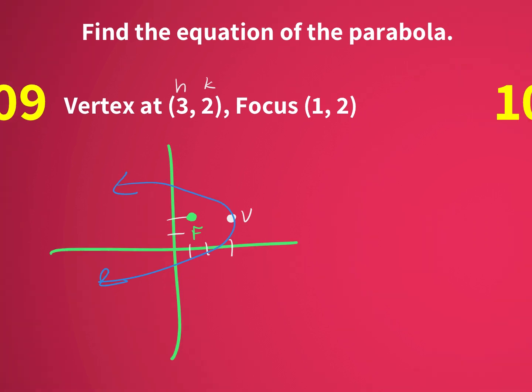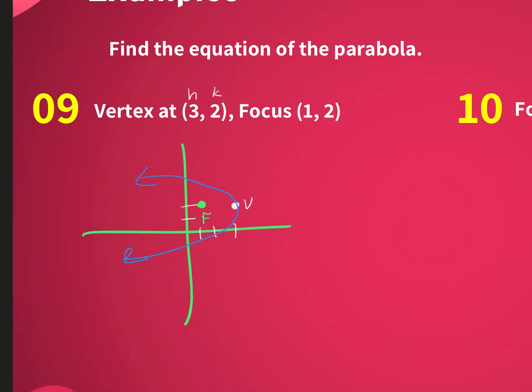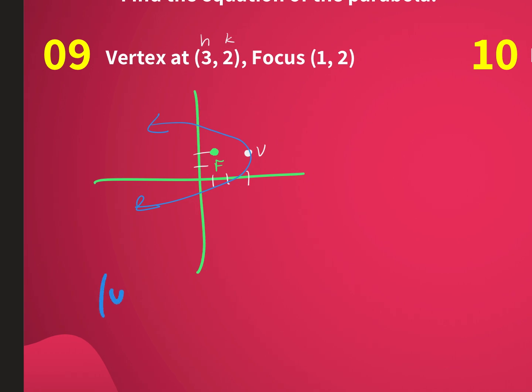So I know now which equation to use, and I know that my p-value is going to be positive or negative. Negative. Why? Because it's, God, you guys are so smart. So I have y minus k squared equals 4p times x minus h. The more you write that, the easier it gets. Look, I wrote my h and my k above my vertex just so I don't make a silly mistake.